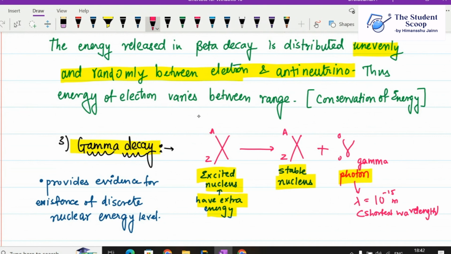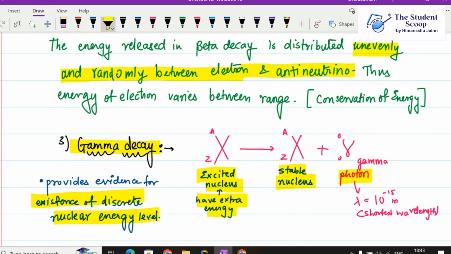But the important thing here is that gamma decay provided us very important evidence for the existence of discrete nuclear energy levels. Now, what does that mean? Discrete nuclear energy levels tell us that, like electrons in an atom have different orbitals representing different energies, in a similar way inside a nucleus, neutrons and protons can have different energy levels, and they are discrete.